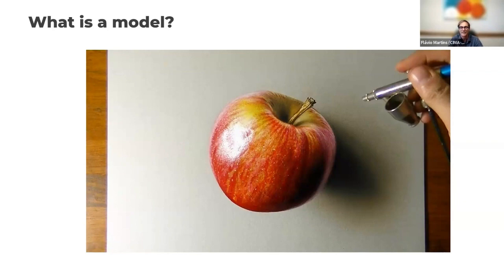None of these have smell. None of these have taste. So some of the properties of the real apple, of the reality, don't exist in this representation. So this is a model. And like these models, the models that we are going to talk about, the mathematical models, are also representations of the reality, that share some of the properties of the reality, but they don't have all the properties of the reality.